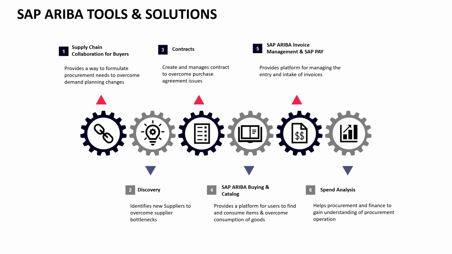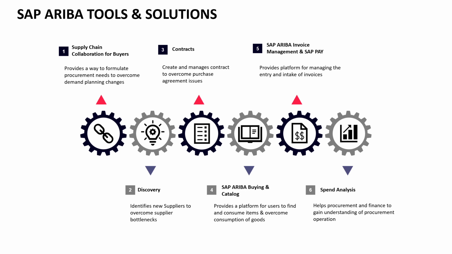First is supply chain collaboration for buyers. Okay. It provides a way to formulate procurement needs to overcome demand planning changes. The next is Ariba discovery. Okay. It identifies new suppliers to overcome supplier bottlenecks. The third one is contract management.